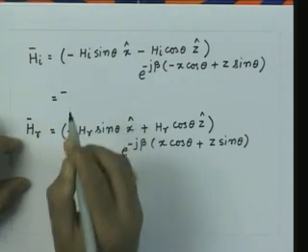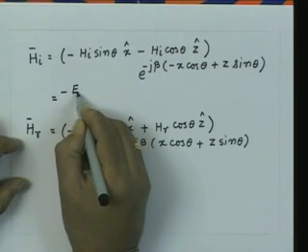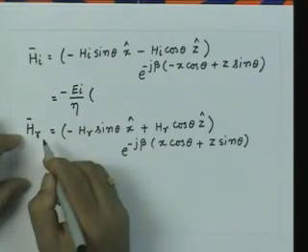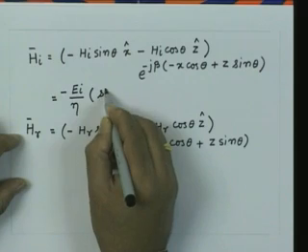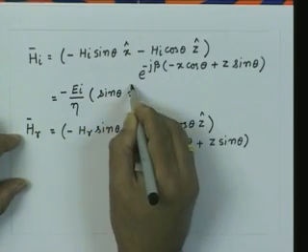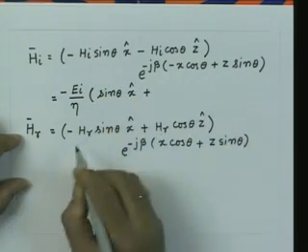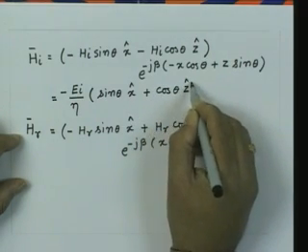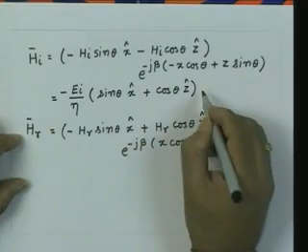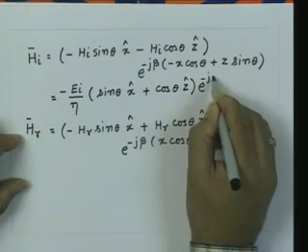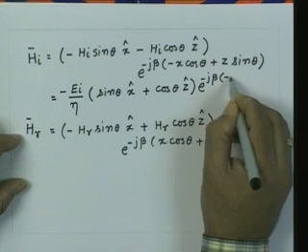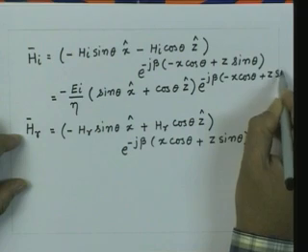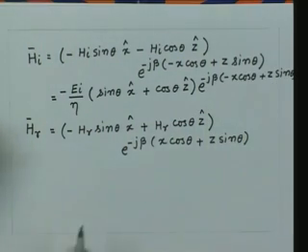So, this is minus E_I upon eta, times sin theta x plus cos theta z, and this phase function e to the power minus j beta, minus x cos theta plus z sin theta.